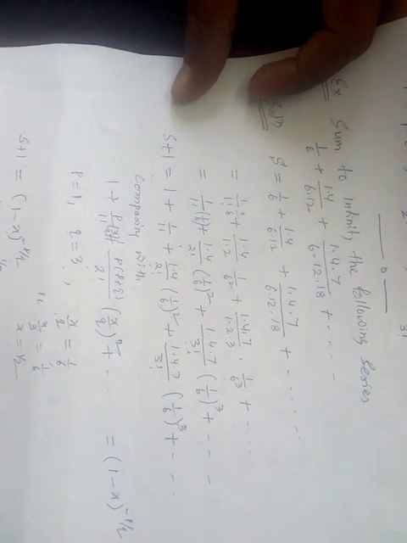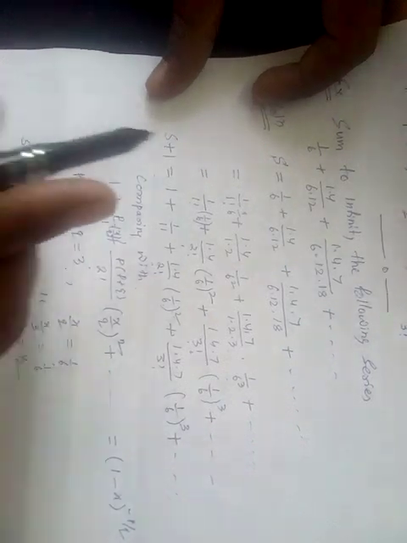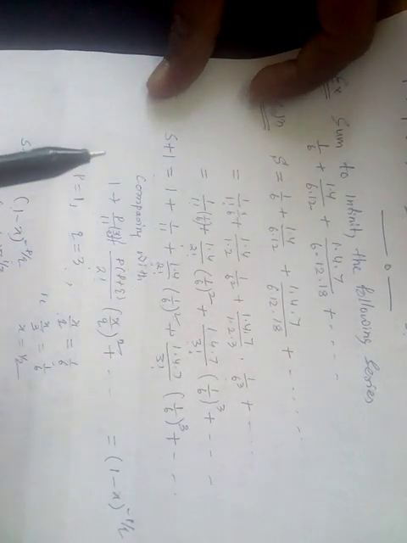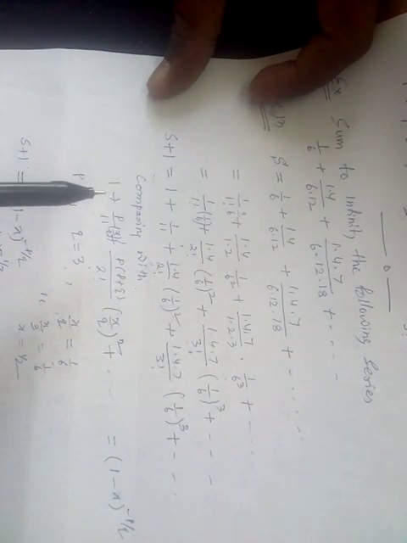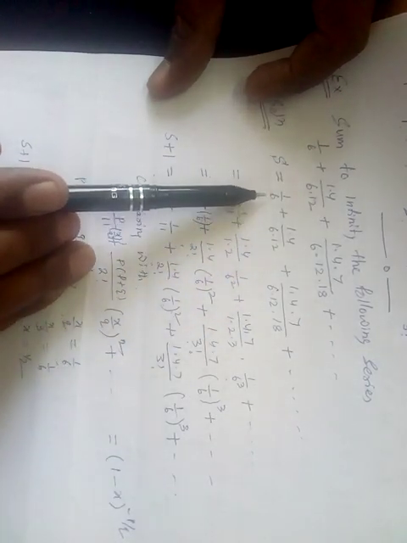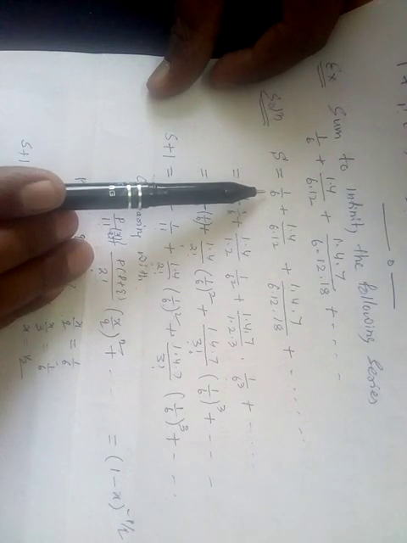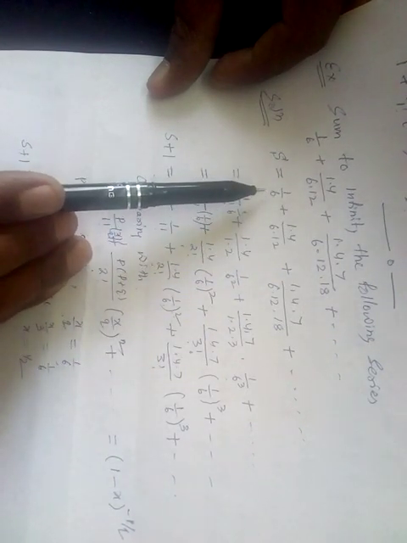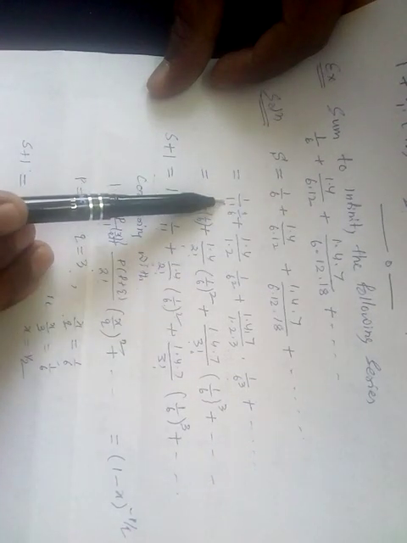GP factor means the power goes on increasing. Okay, first you have to adjust the factorial in the denominator. To adjust the factorial in the denominator, whatever common multiple is there, you take that common multiple outside. Here 6 I take outside, 1 factorial will remain.